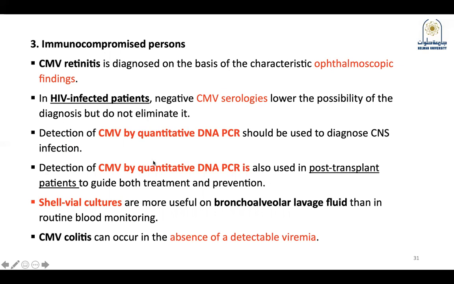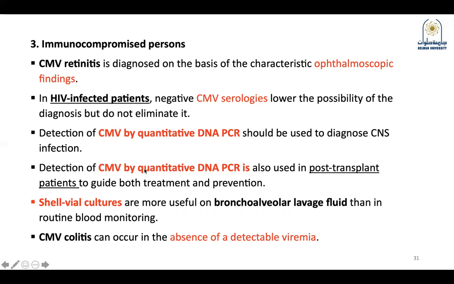That's why the PCR might be negative in the serum, but positive in the tissue in these 2 infections, CMV pneumonitis or CMV colitis. As we mentioned, CMV colitis occurs in the absence of detectable viremia.